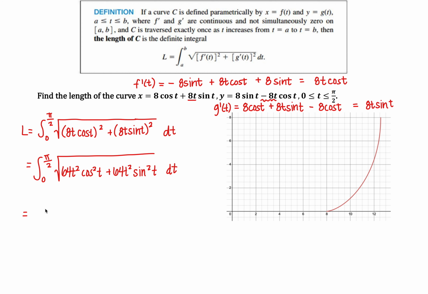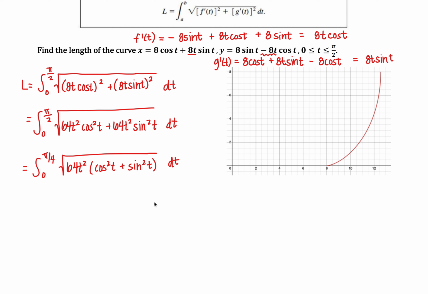And if I factor out the 64t squared, we're left with cosine squared plus sine squared. And that's a trig identity we've used quite often. Cosine squared plus sine squared is just equal to 1. So we can replace that parenthesis with a 1.